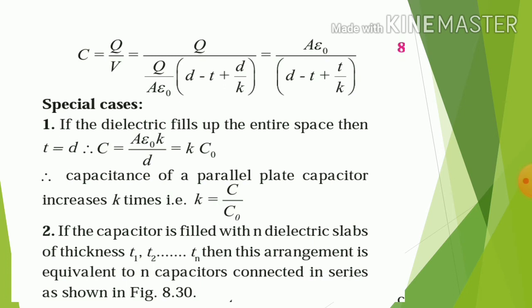This is the relation between C and C0 and small k.